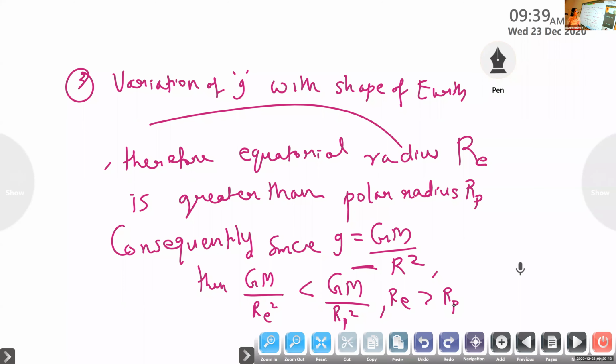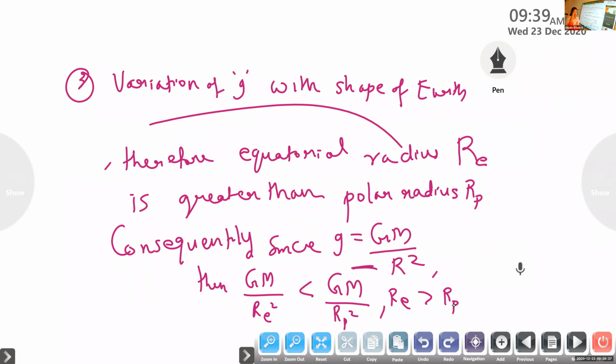India and Asian countries are near the equator, so we experience less gravitational force of the earth than Antarctica and the Arctic, which are at the polar region. Clear? So this is the reason. GM by RE square is less than GM by RP square, but RE is greater than RP.